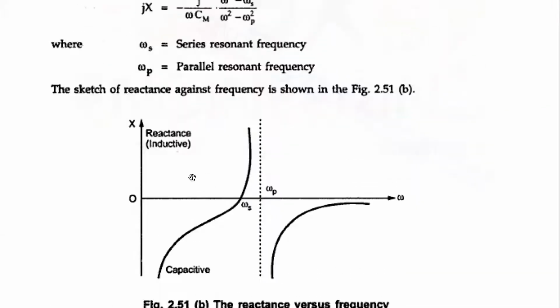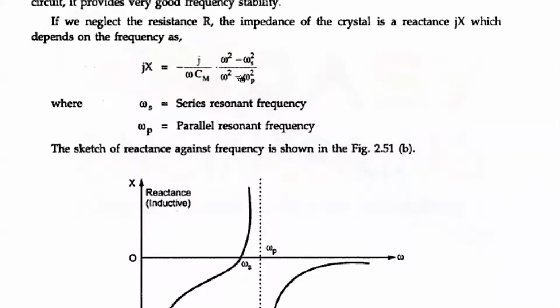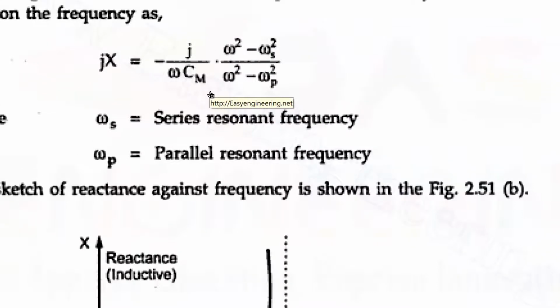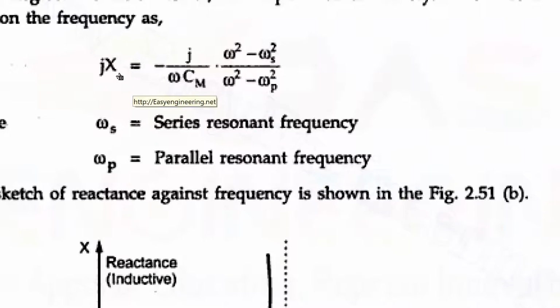Next, what happens when omega is equal to omega s? X will become what? Zero. Very good. When omega is equal to omega s, this term becomes 0, omega s minus omega s.